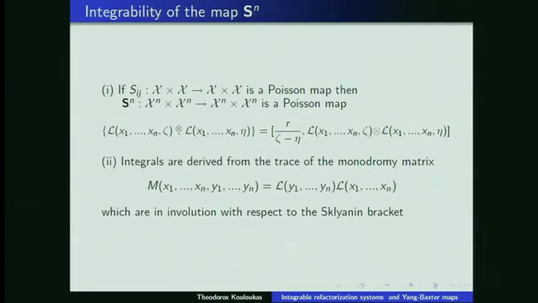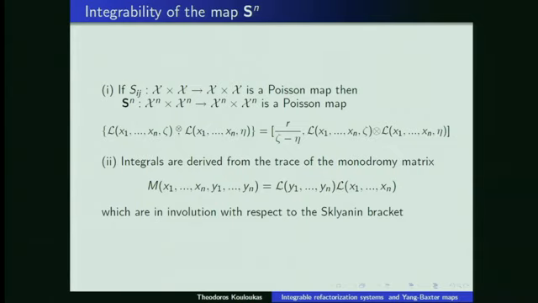And what about the integrability of this map? In a sense, it follows from the integrability of each refactorization system. First of all, if Sij is a Poisson map, then also this map will be a Poisson map as a composition of Poisson maps.